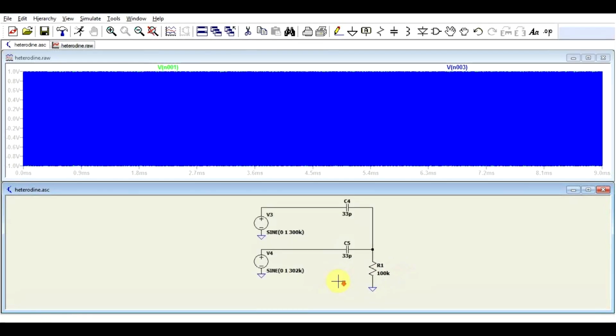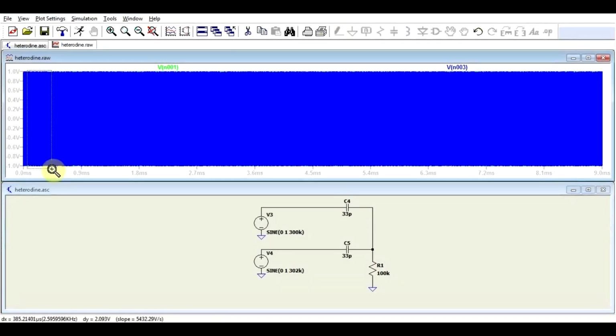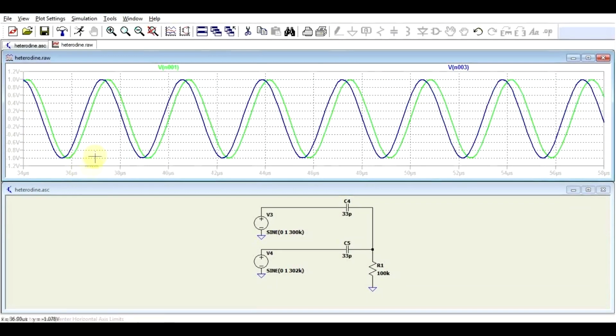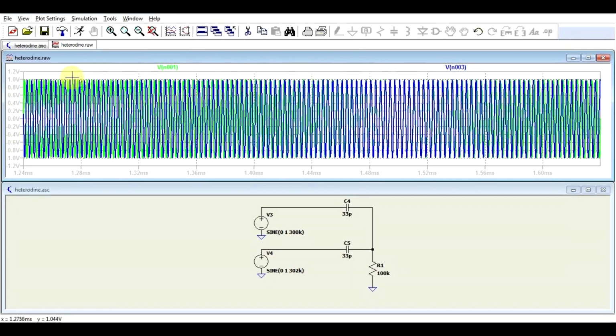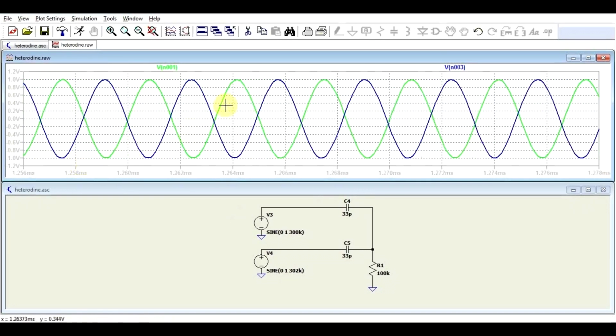So what are we expecting to happen? Well, if we look at the 2 signals, we can see that since they are of different frequency, they have different wavelengths, and although they start off almost perfectly in phase, at some point they end up being completely out of phase.